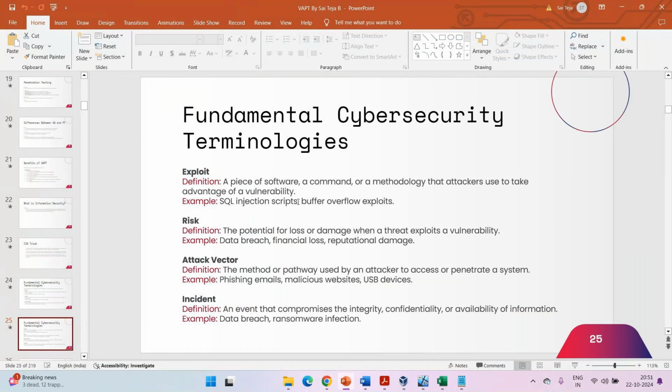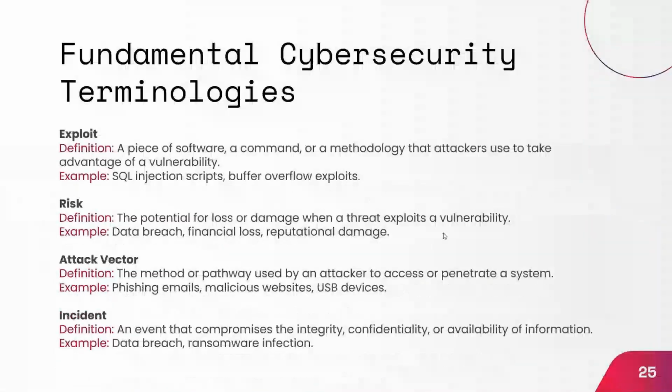Right, and the next thing is risk. Risk is the potential loss or damage when a threat exploits a vulnerability. A data breach, financial losses, or reputation damage is basically a risk. You have an asset which has some sort of vulnerability in it, and of course, someone can also exploit it.